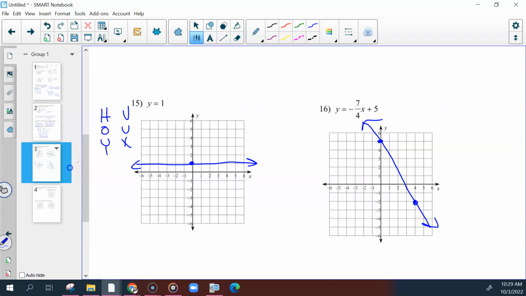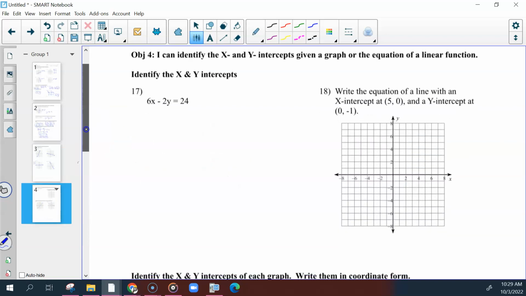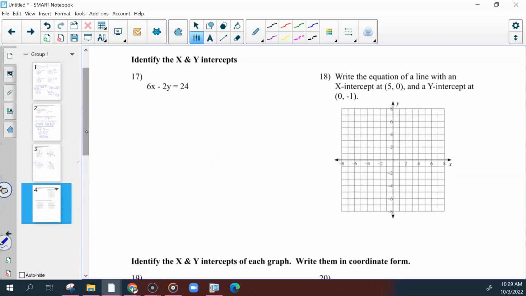And then the last section, the intercepts. For 17, you needed to show the work to find both of your intercepts and then write those as ordered pairs. So which one you did first didn't matter. Show that you put 0 in.